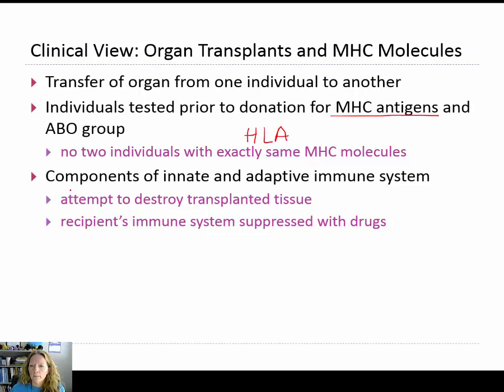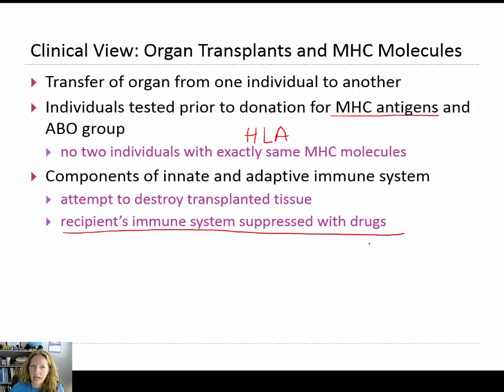But what happens is that if they don't match, the natural killer cells or cytotoxic T cells actually look at these and they're looking at the antigens attached. If they're foreign antigens, or if these are going to be different, they're going to say, hey, this does not belong in this body, so I'm going to destroy this tissue. So that's why a lot of times right after a transplant, recipients are going to be given immunosuppressive drugs. I'm not sure, they might be given them before the transplant.